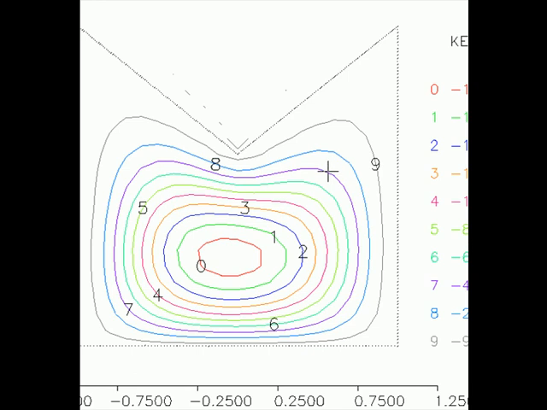Well, it's shown in the book that the velocity phi y comma minus phi x is always going to be parallel to the constant phi curves. Well, you can see why that is. If this is a constant phi curve, then the gradient of phi is perpendicular to the curve.